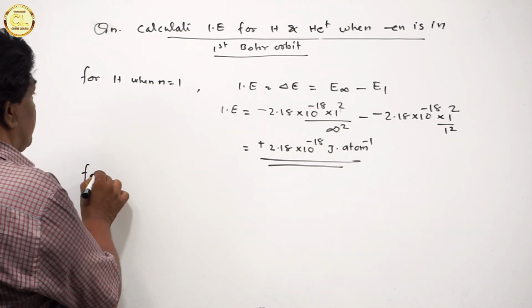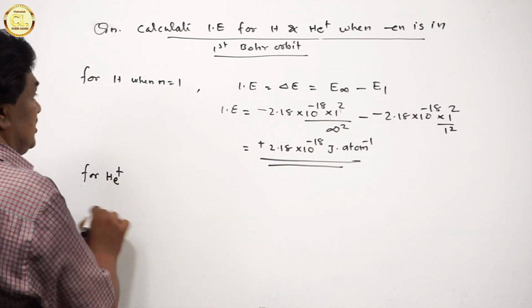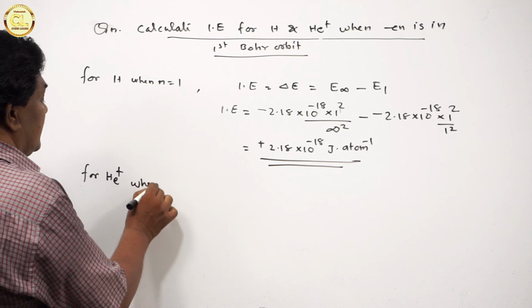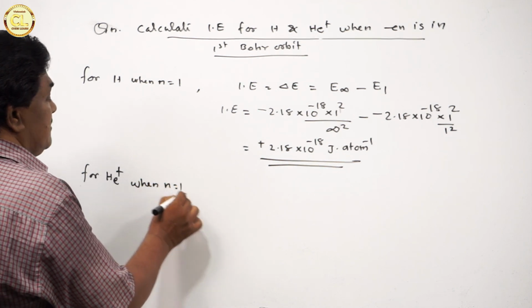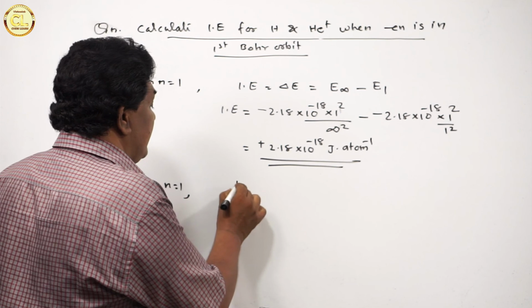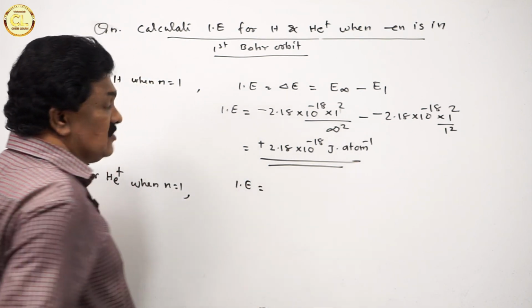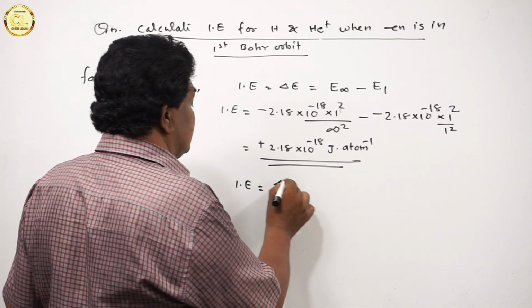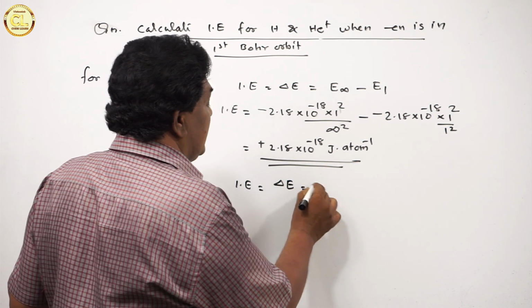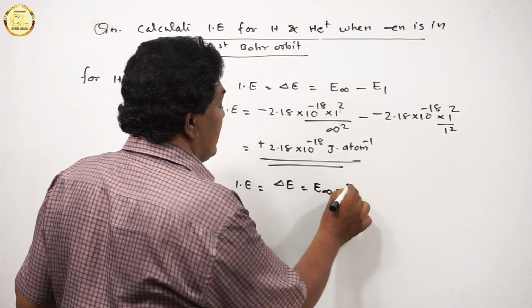Now, for He plus species, when n is equal to 1, ionization energy is expressed as delta E is equal to E infinity minus E1.